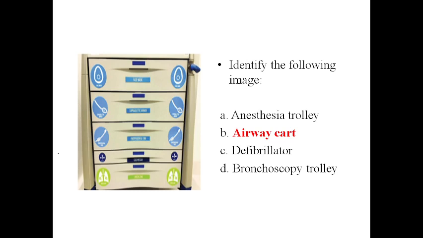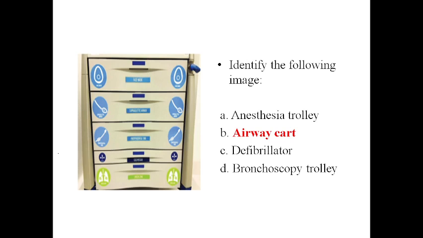According to the plan ABCD, the first drawer is plan A. In that we keep the ET tube and other intubation things needed. Second drawer, plan B, we keep supraglottic airway devices. And the third drawer is plan C, face mask, nasopharyngeal and oropharyngeal airways.